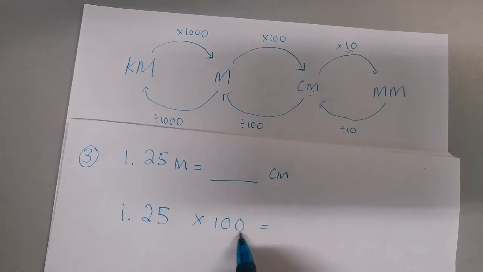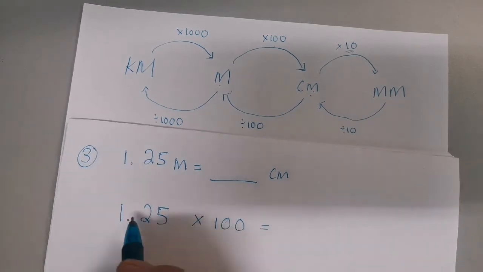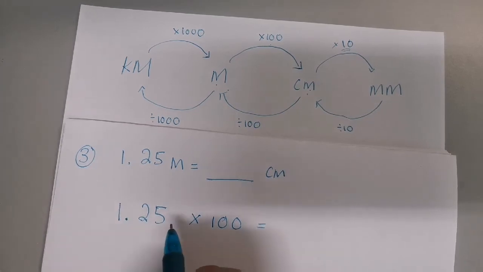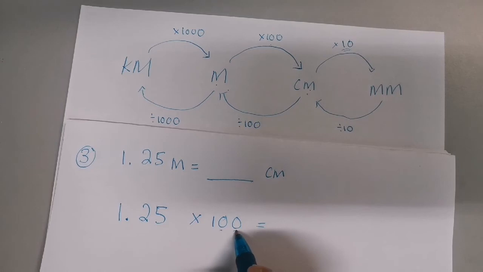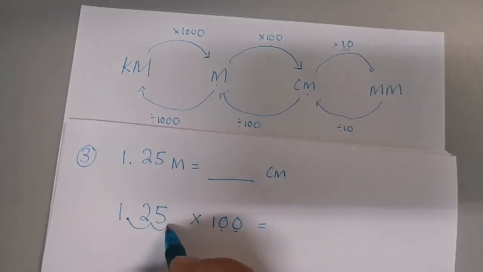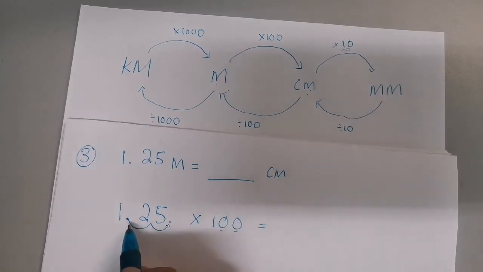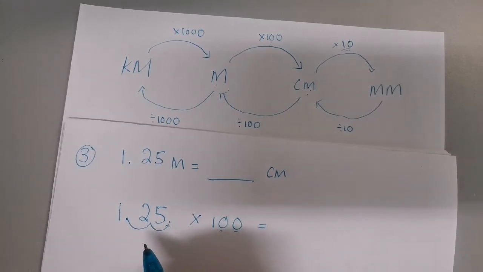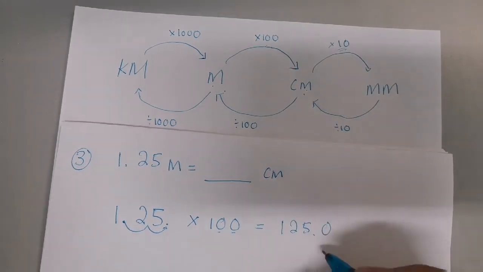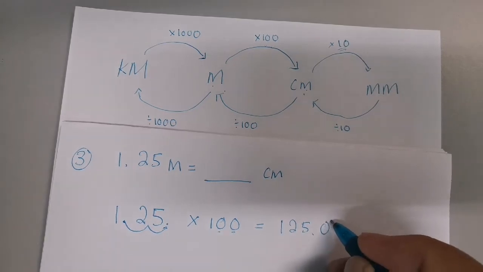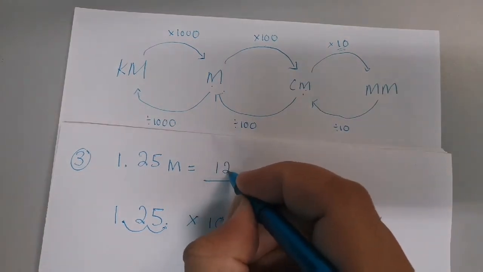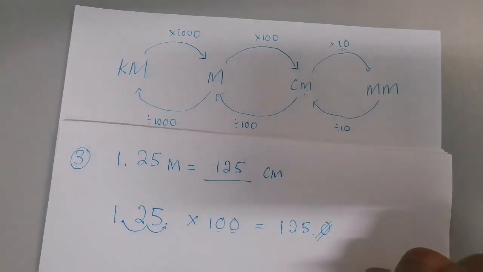When you times, the number becomes bigger, so you need to shift the decimal point to the right. How many times? Here you have two zeros, so you need to shift 2 times. 1, 2. Your answer should be 125.0, but in this case you don't have to put the .0, so your answer should be 125 centimeter.